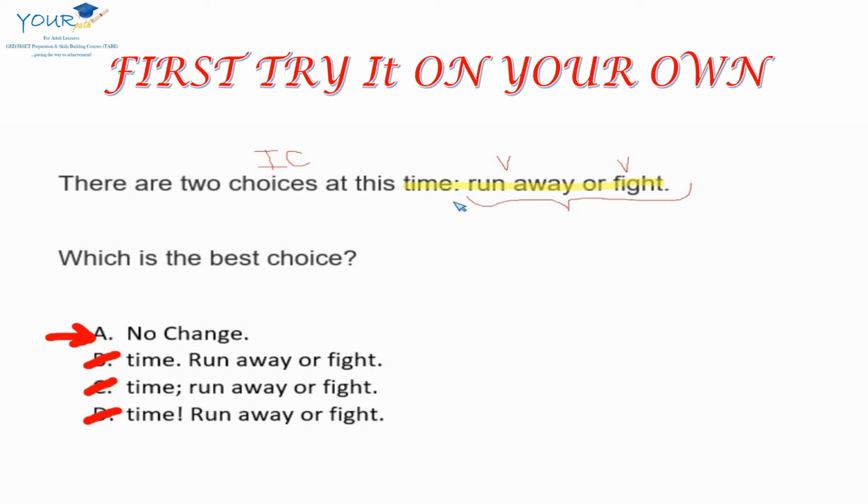So the colon in this case is correct because run away or fight goes back to the statement. It describes the two choices at the time. And so in this case, the colon would be the correct punctuation mark to use, and it is the best choice.